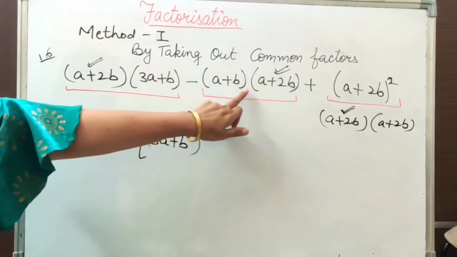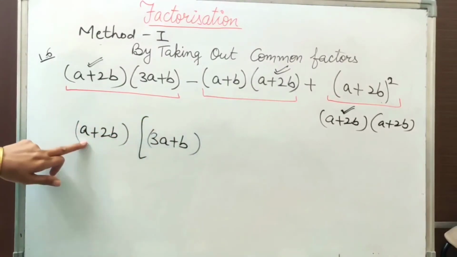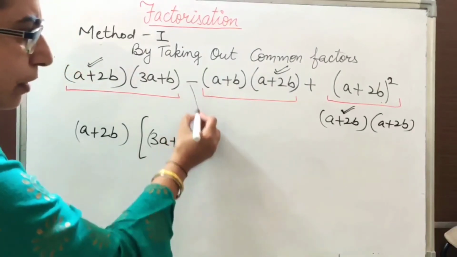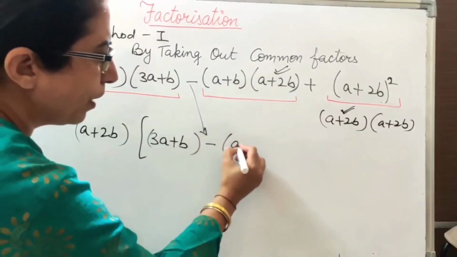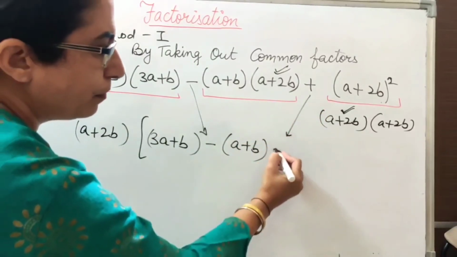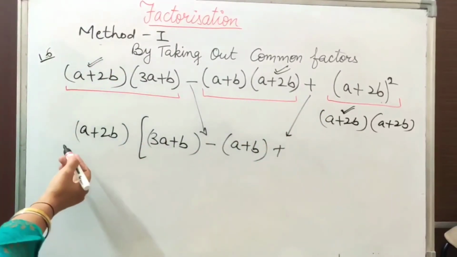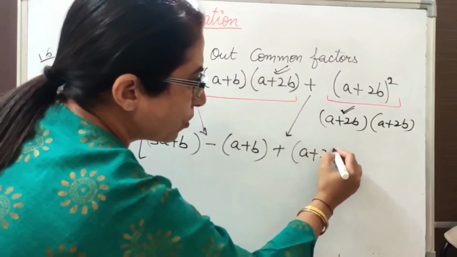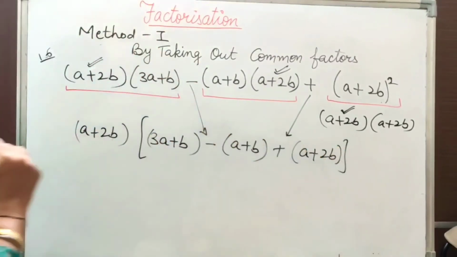From the second term, when we divide by the common factor, the quotient is a plus b, with this minus sign here. In the third term this plus sign here. One bracket has been taken out, and we are left with quotient a plus 2b in the third term.